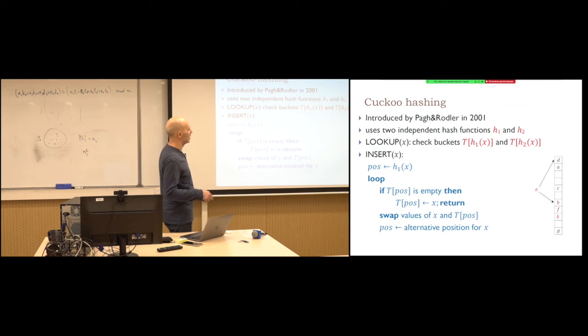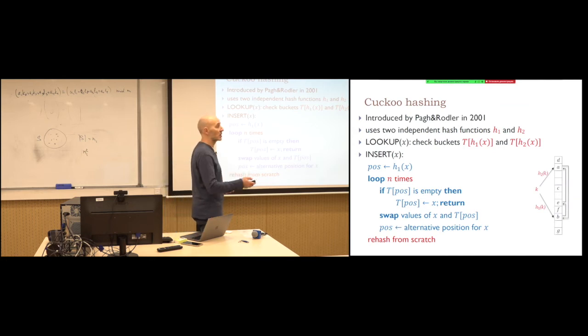Then we expel e and move it to its alternative location, etc. Until we expel d here, and maybe d maps here, and so we found the empty bucket, so we place d. This is how it works. And yes, we can have a loop like this, for example. In this case, we would move b here, then e here, and then a back here, and then we run into a loop. That's what you said.